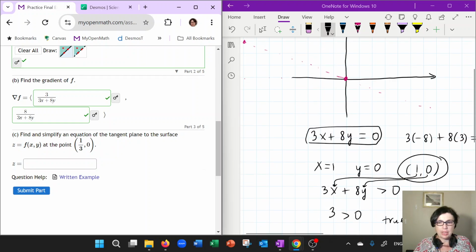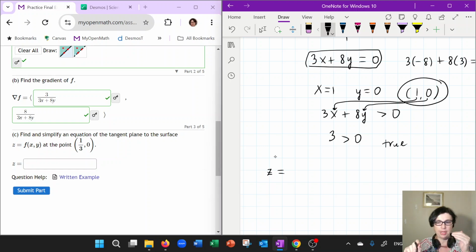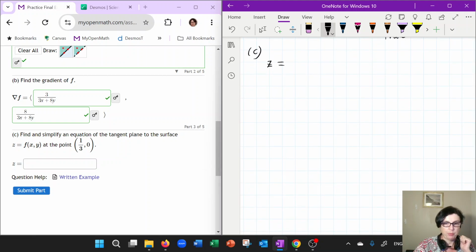Okay, so now that I found the gradient, I'm going to find the equation of the tangent plane. So how does that work? Well, first of all, you're going to need to take your point and plug it into 3 different places before you can write down the equation of the tangent plane. So your point (1, 0) should be plugged in, number 1, into the original function. So what is f of (1, 0)?